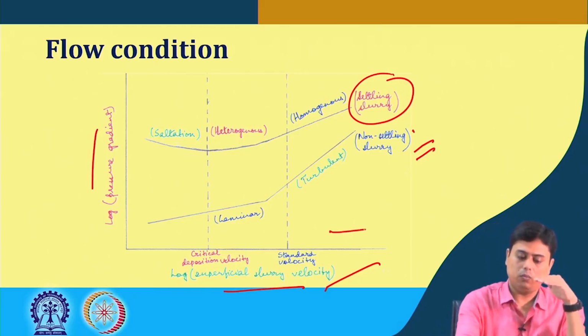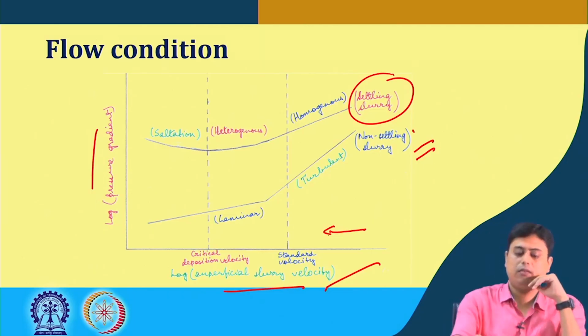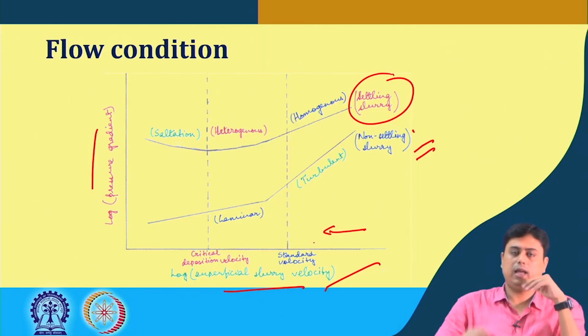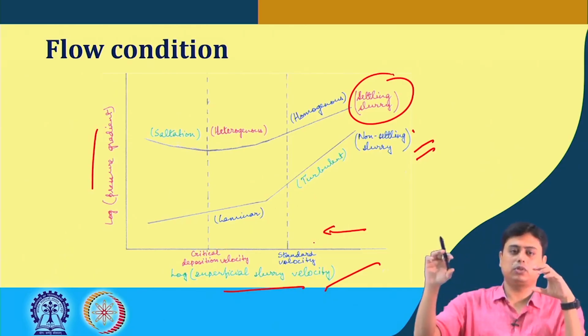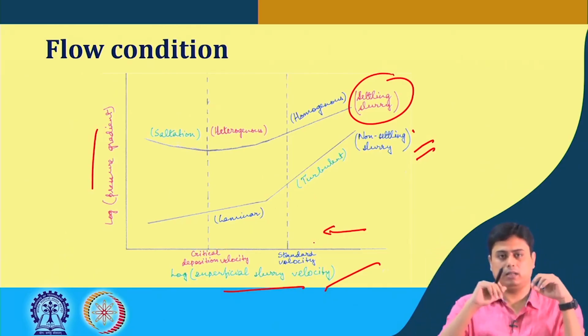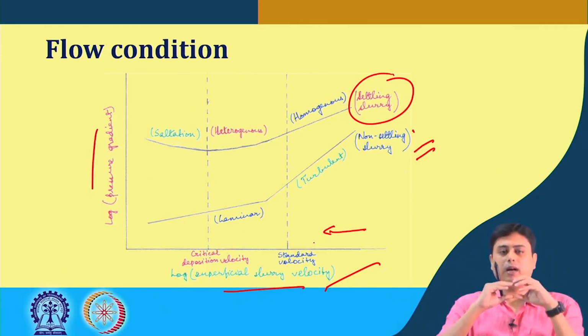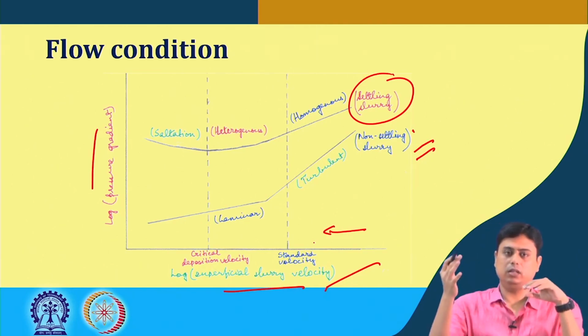At a very high velocity the slurry was moving, there was bulk motion of the liquid, and at the bottom there is a moving bed of the settled particles. The amount of particles at the bottom would be lesser in this case because of the high bulk velocity of the liquid.